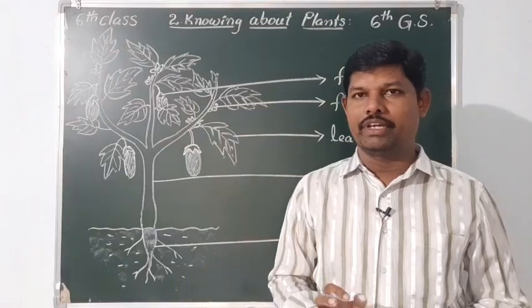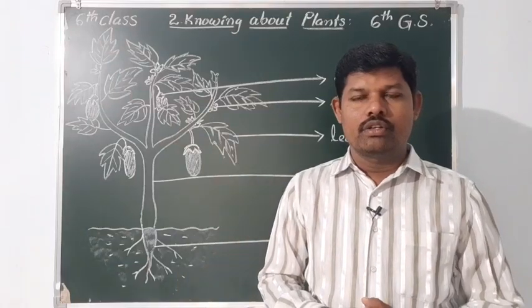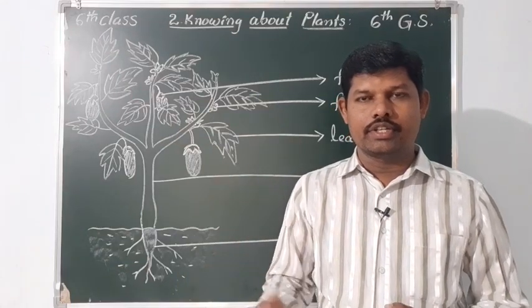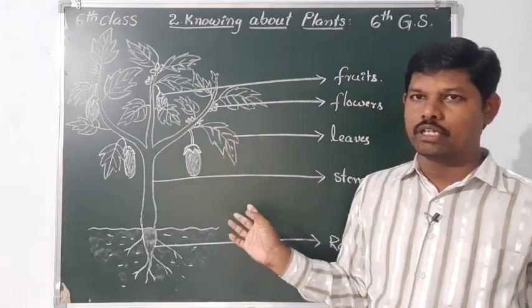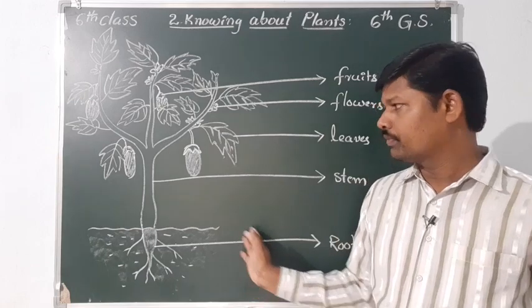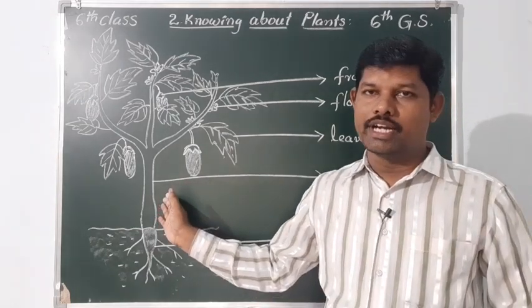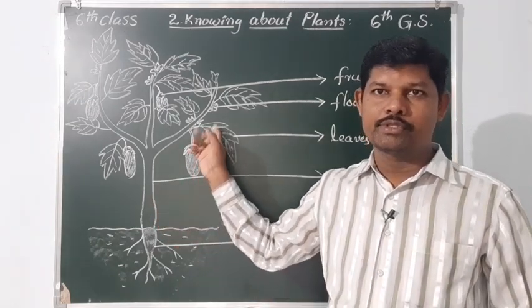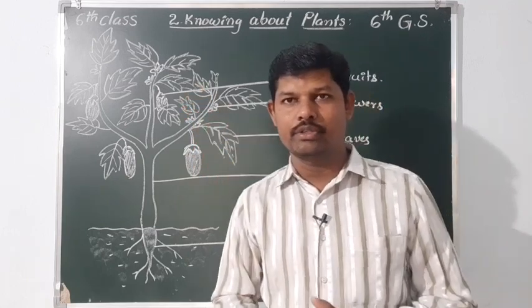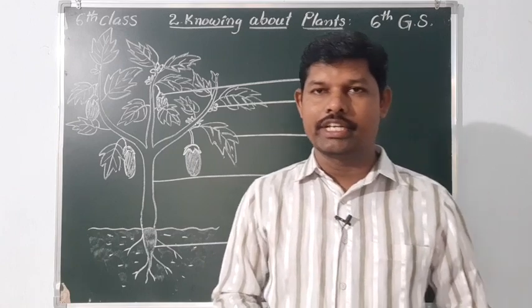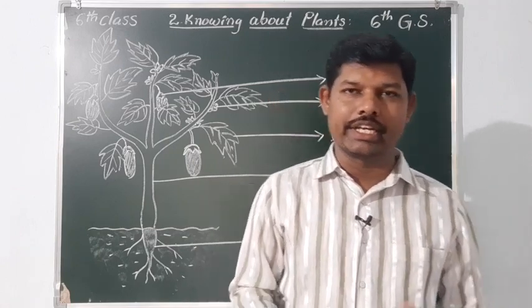So now we have an activity. Collect 3 to 4 plants and observe all these parts, whether all the plants have roots or stem or leaves and flowers, fruits. You have to observe and find out. You have the table and fill the table. You can take any plant.